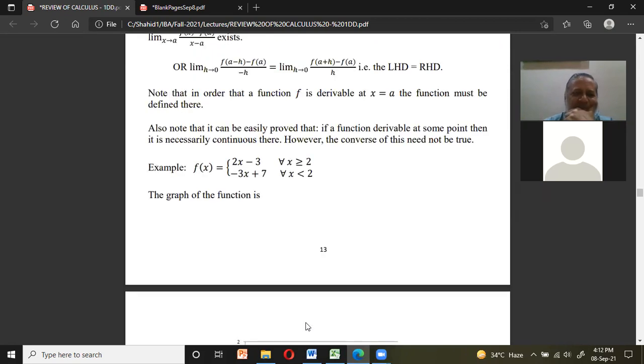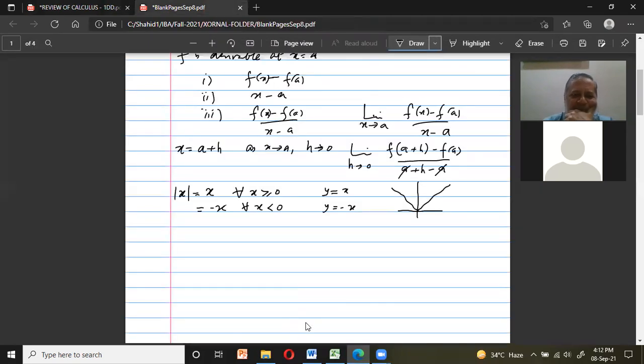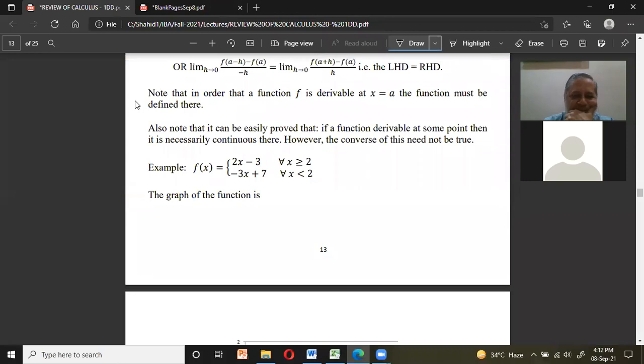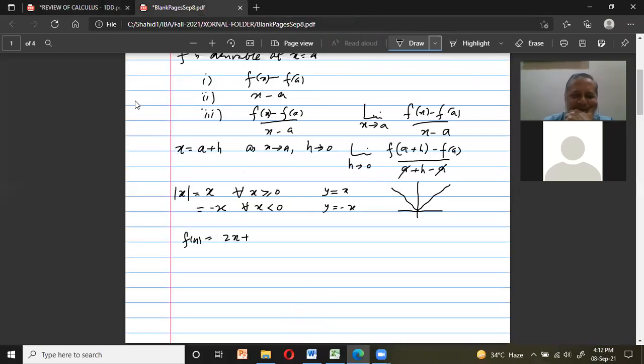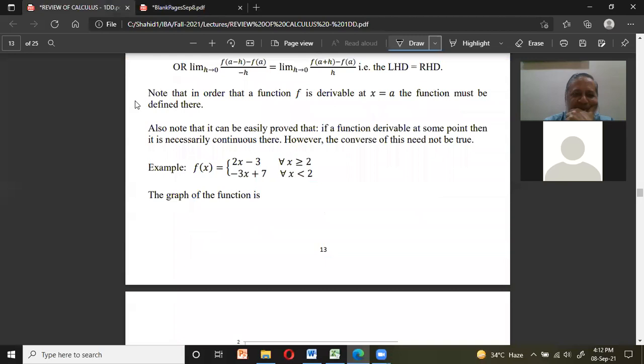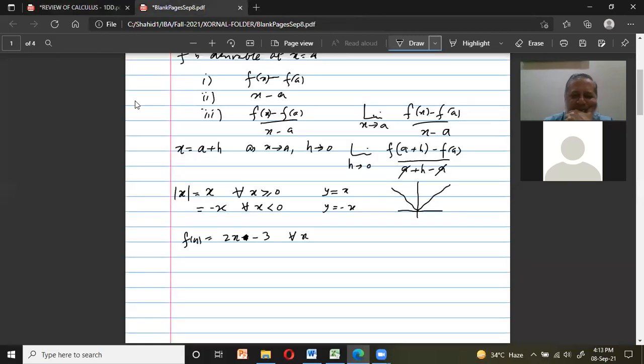Let me consider this function separately. f(x) is equal to 2x minus 3 for each x greater than or equal to 2 and minus 3x plus 7 for each x less than 2.